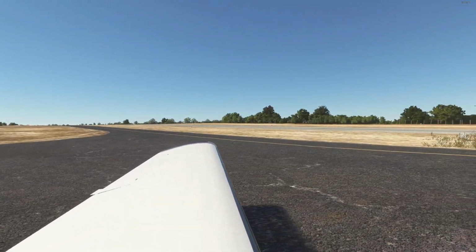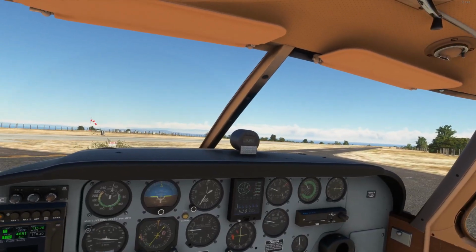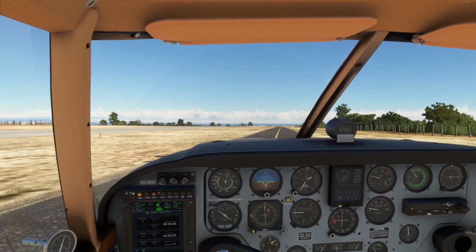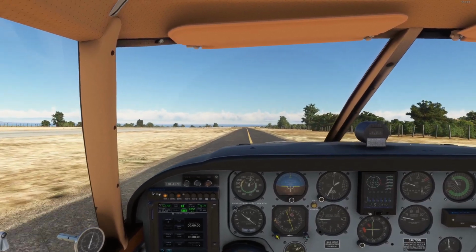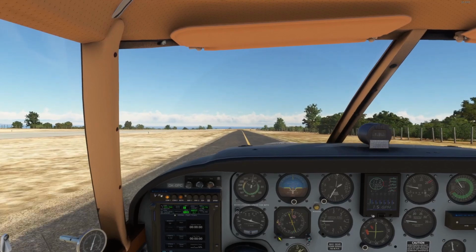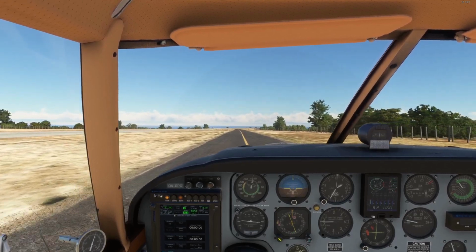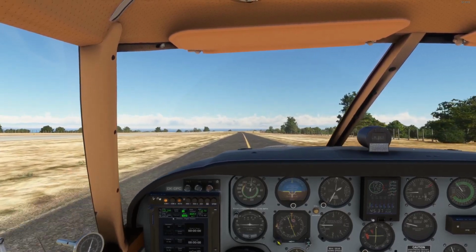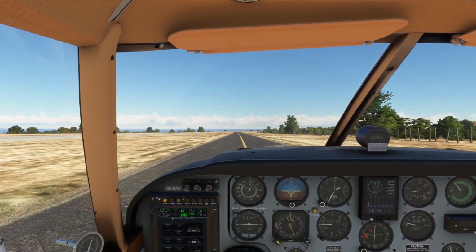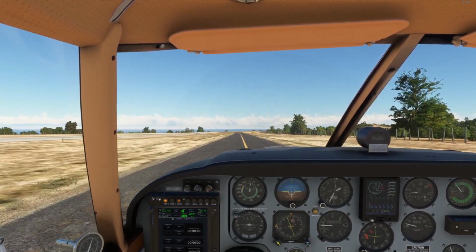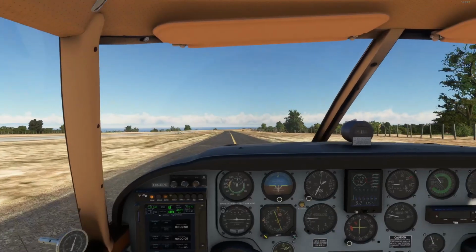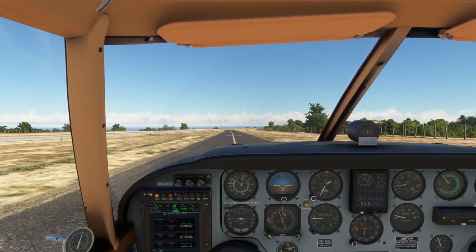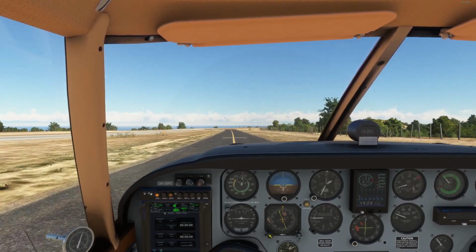Okay, let's go runway 22. We're already committed to that, so probably doesn't make sense, but yeah. It's even upslope, so at least we'll practice some taking off going up.